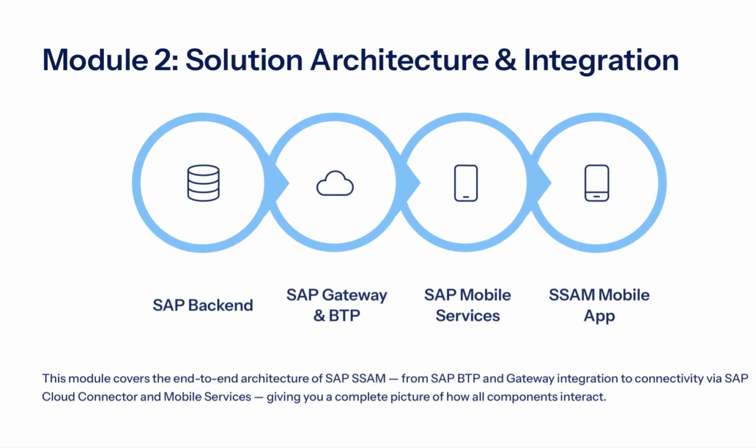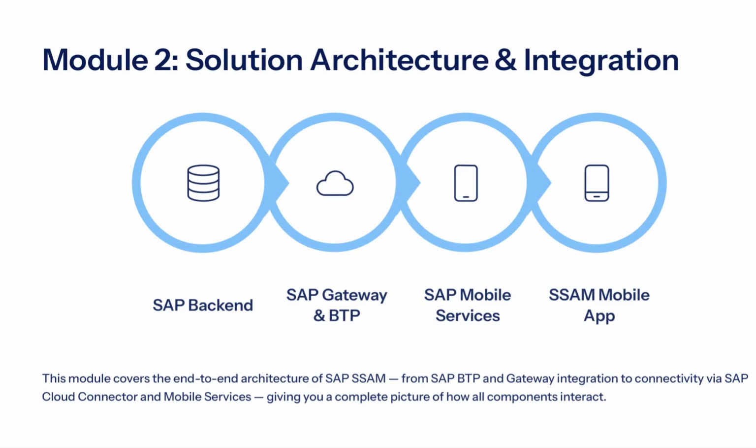The SAP Service and Asset Manager (SSAM) is a comprehensive solution that integrates various SAP services, including SAP Gateway, SAP Mobile, and SAP BTP. The module focuses on the end-to-end architecture of SSAM, which integrates with other SAP services. The integration enables real-time data exchange and synchronization between different systems.